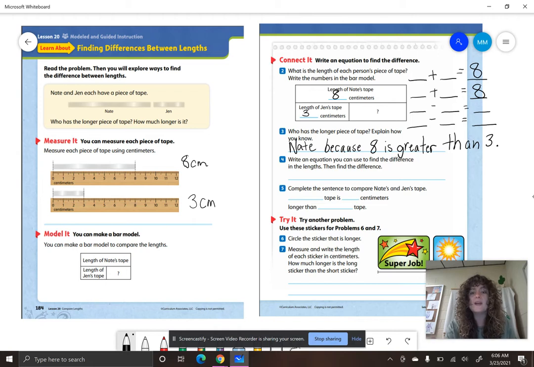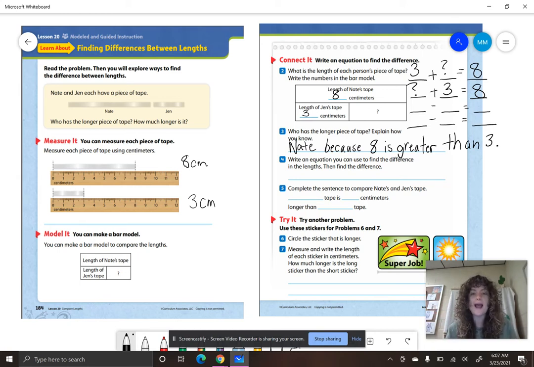All right, and we know that Jen's tape is 3 centimeters. So 3 is going to be a part. So I can plug in the number 3 in my number sentence. We don't know the difference between those lengths. So I'm going to make sure that my 2 addition sentences show my parts in different ways.